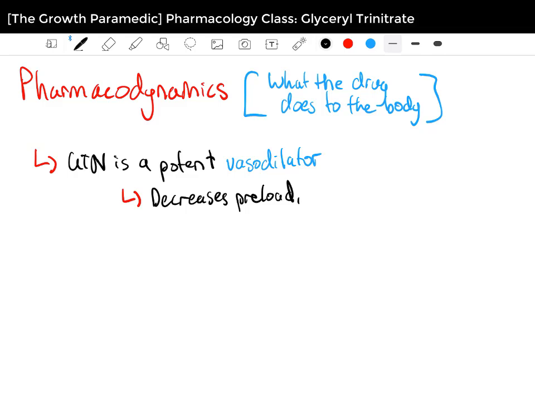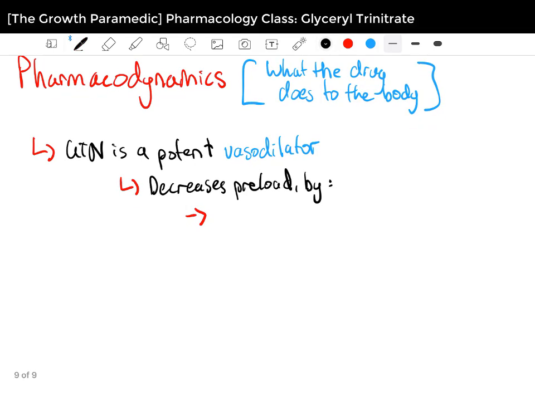And it's done by, and there's three things I'm going to point out here, increasing venous capacity in the peripheral veins.